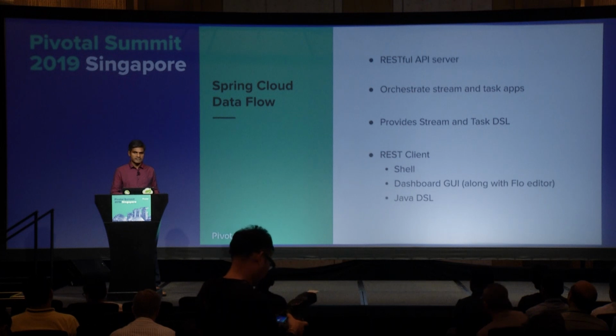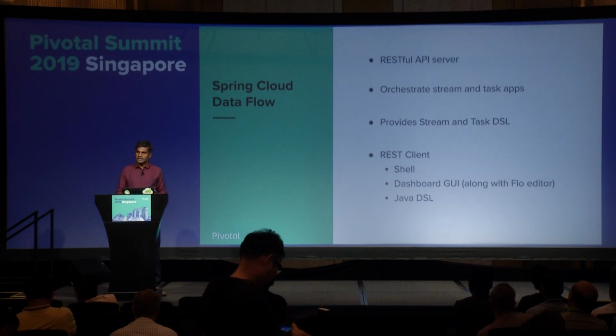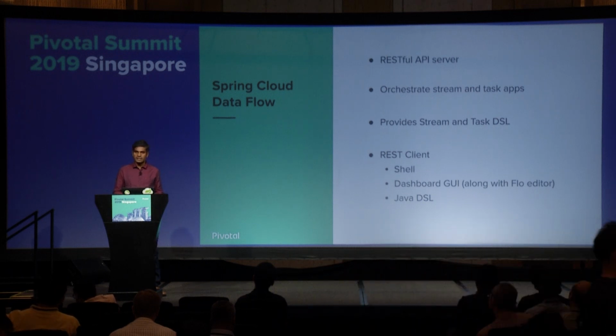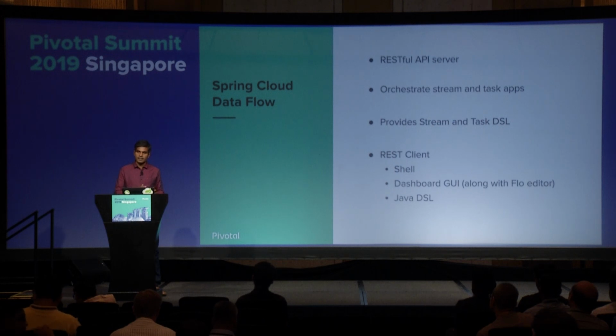It also has REST client implementations. We currently have a command line interface, a Spring Shell-based application, the shell interface to interact with. So you can have a script language. You can execute those commands to create, deploy, etc.